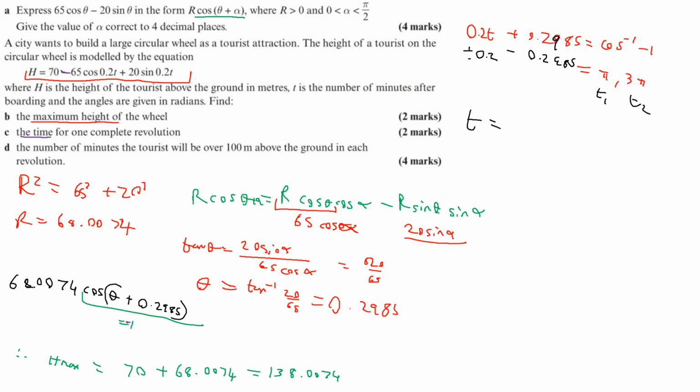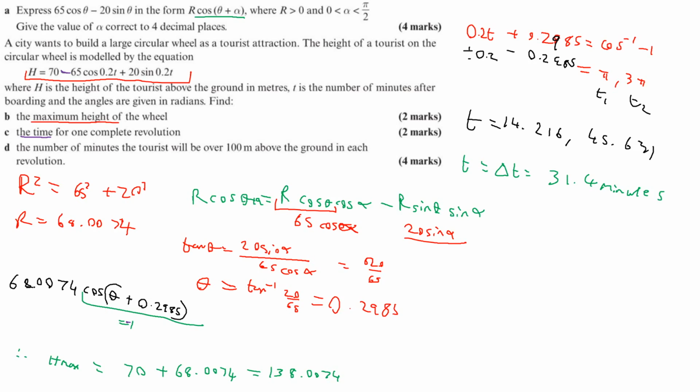And so what we're left with is an answer of 14.216 and 45.631. Okay? So then the time is going to be the difference between the two, which is equal to 31.4 minutes.